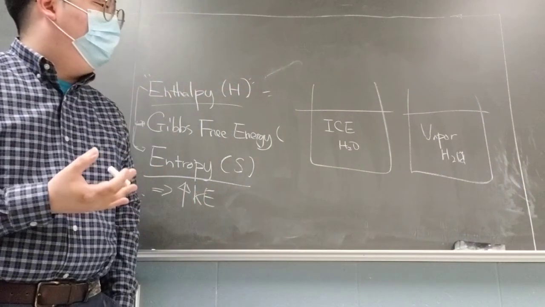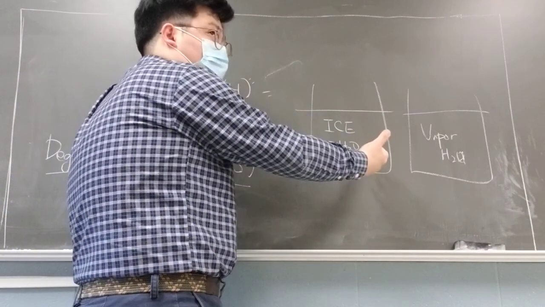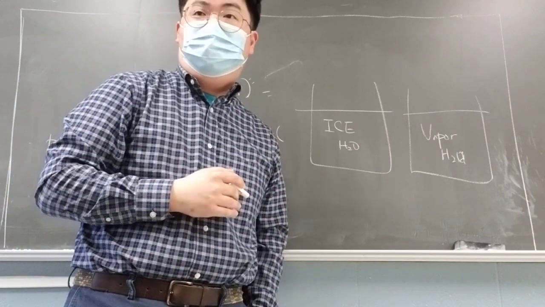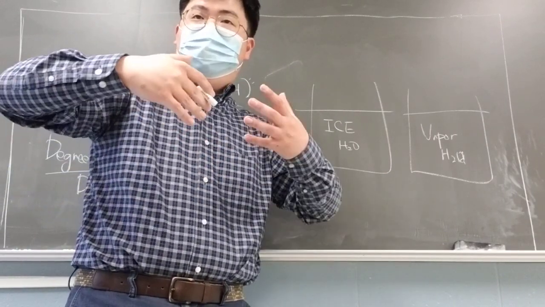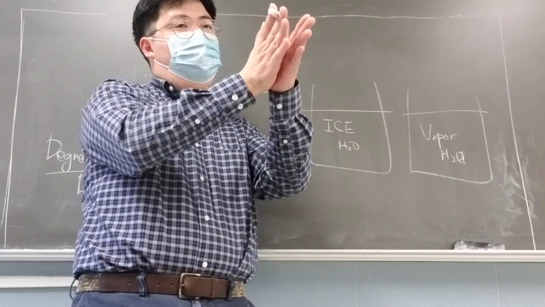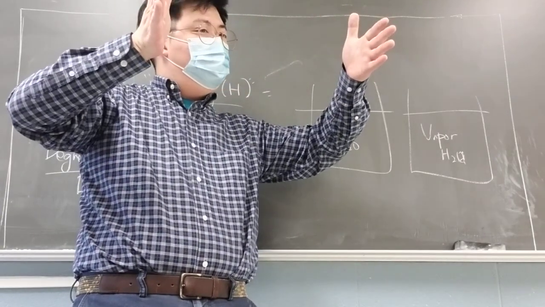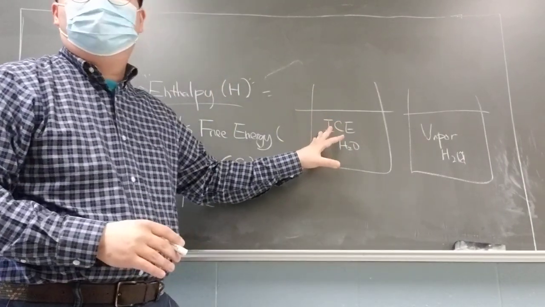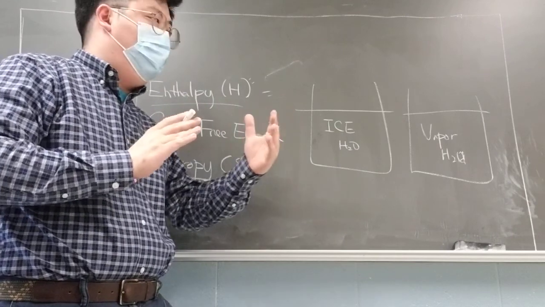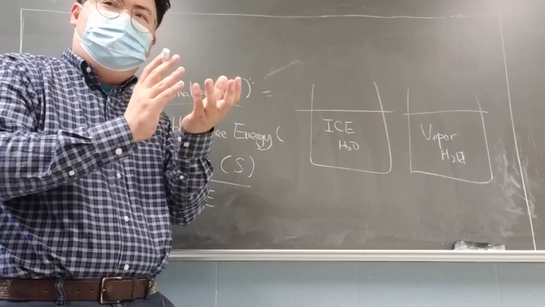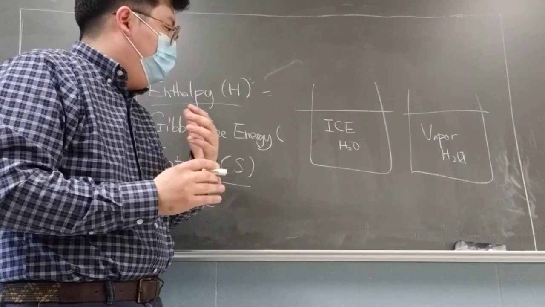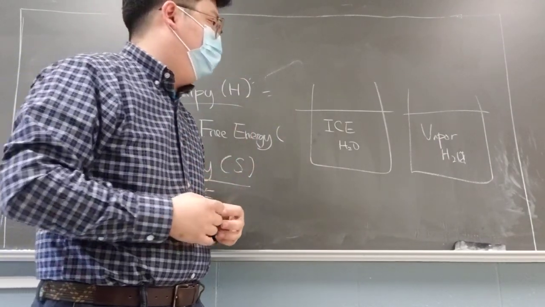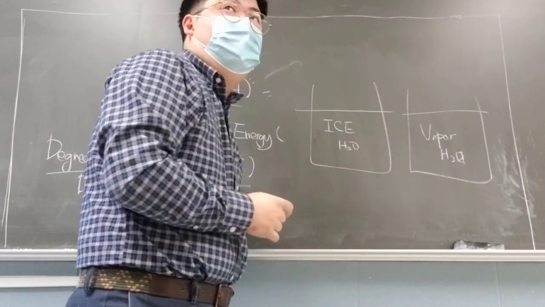Obviously, in the solid phase, like in ice, the H2O molecules cannot move well because they are fixed in certain positions. They show a very uniform pattern of arrangement in the ice crystal, so they have very little motion. The only thing they can do is a little bit of vibrational or stretching type of molecular motion.